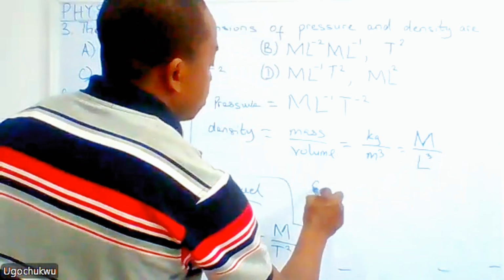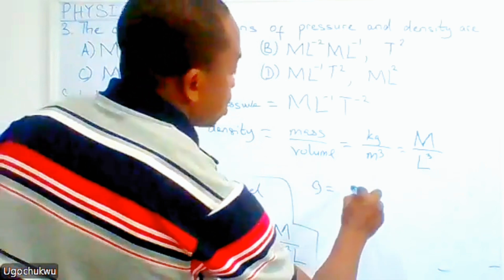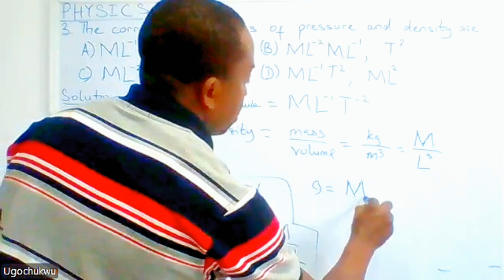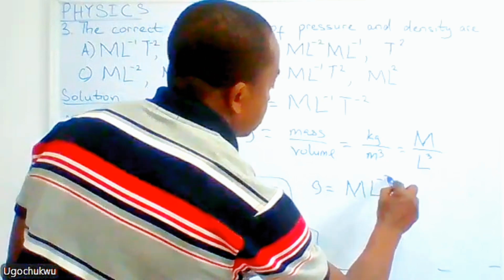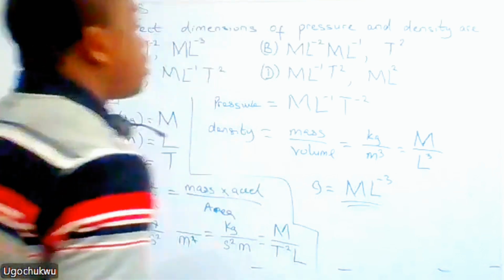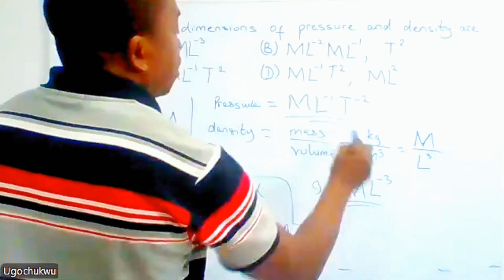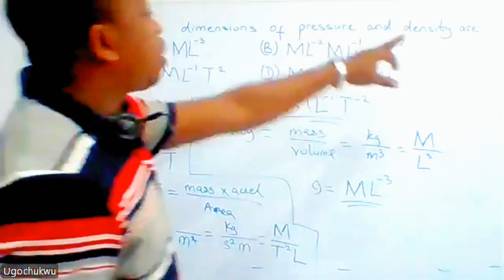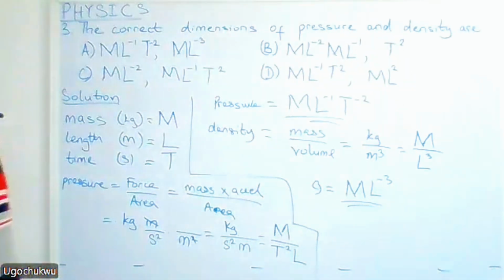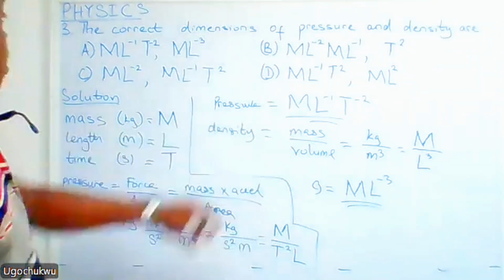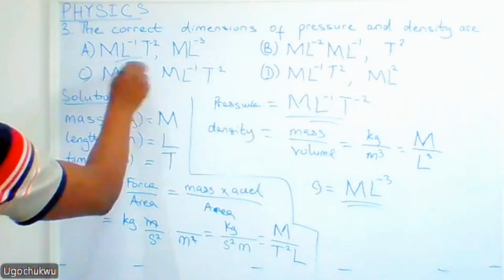So density in dimensions is represented by M L raised to the power minus 3. So these are the representations of pressure and density in dimensions, and that leaves our answer to be A.